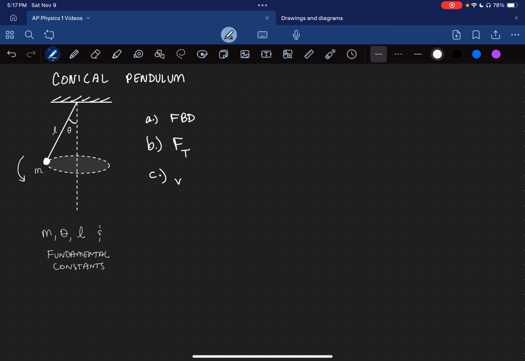And so let's draw a free body diagram for this. So the ball is here, gravitational force mg. The string is pulling in this direction. And if that's the angle, of course the angle is here. Let's label it, this is ft. Here's the angle theta.